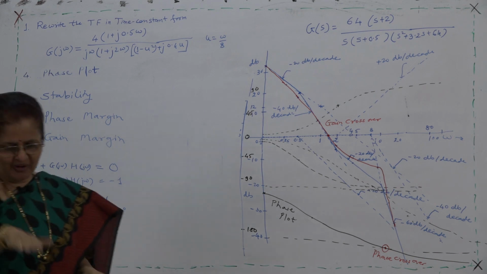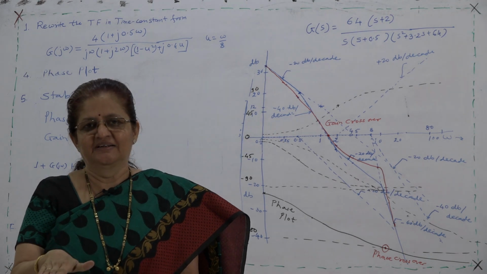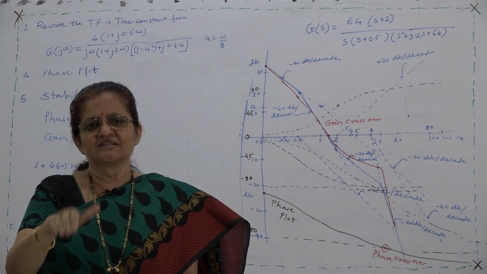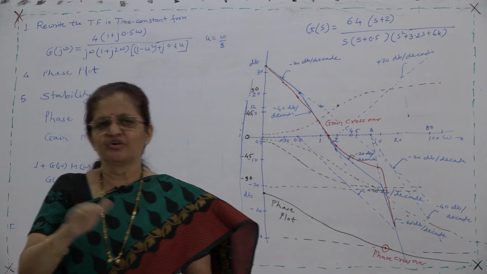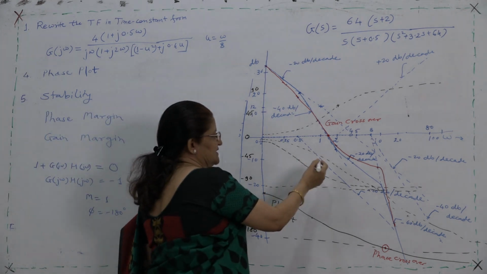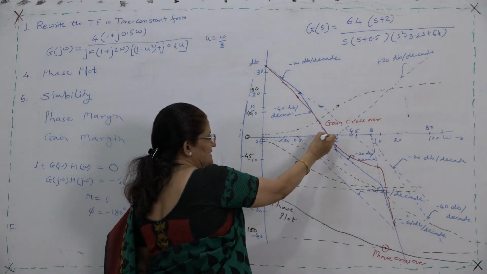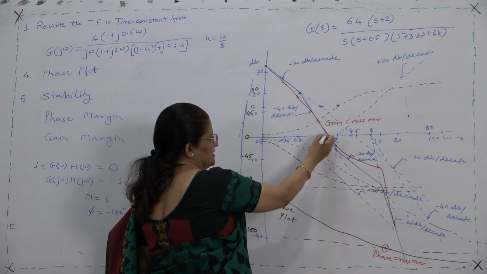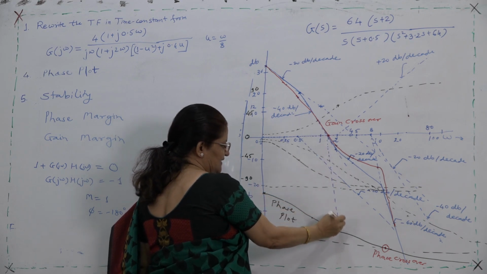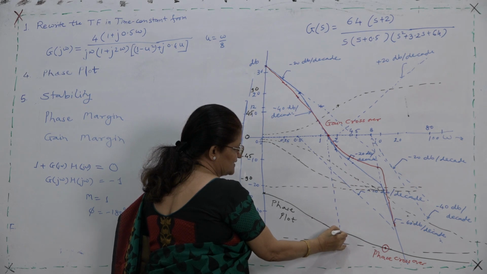Now, this is the point on the verge of instability, that is, if this point is touched, it is on the verge of instability. So, what is required is to find out the phase margin and gain margin and decide whether the system is stable or not. At gain crossover frequency, you extend this line to the phase plot. At this frequency, you find out what is the phase angle.